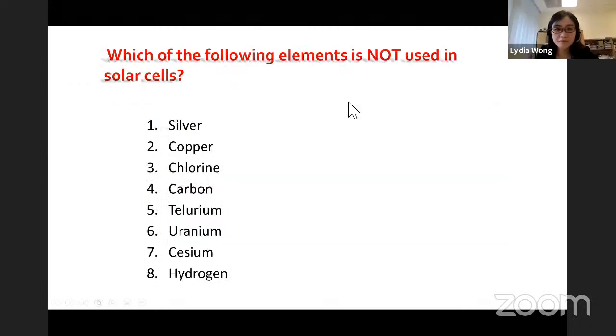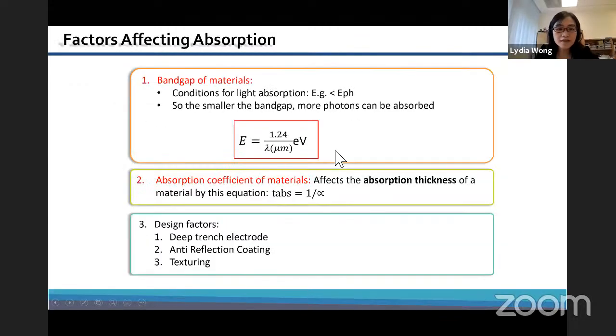Now, we come back to the factors affecting absorption. So this is how you select your materials. The first thing that happens during photon to electron conversion is absorption of light.